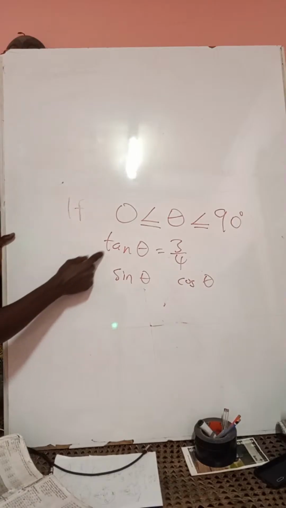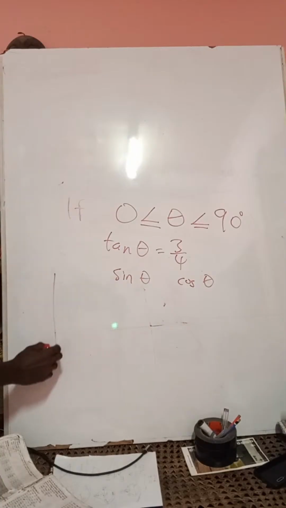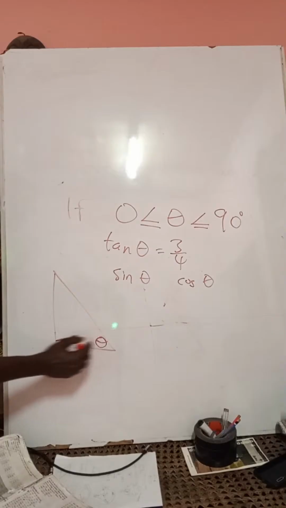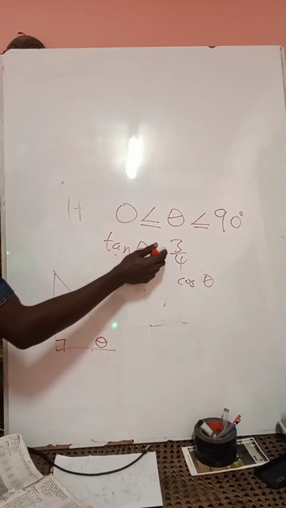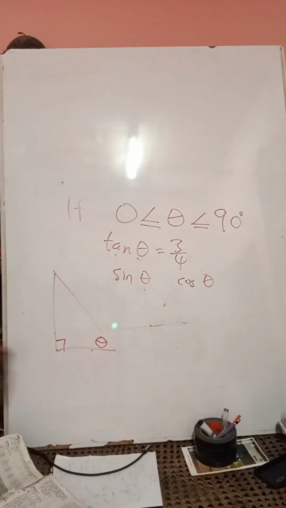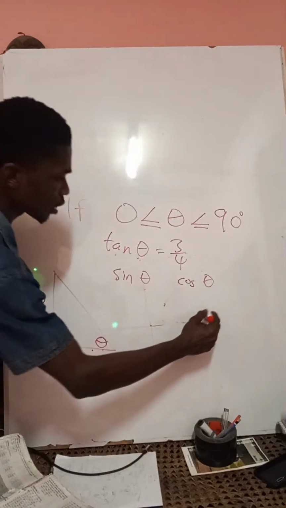So when you start, you have tan theta equal to 3 out of 4. You have to draw a right angle triangle. When you draw it, you locate theta anywhere, so you can use here as theta.